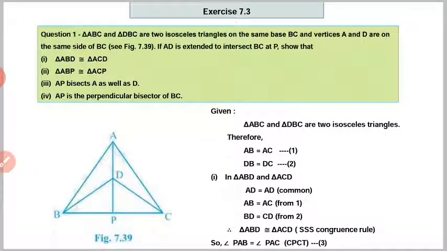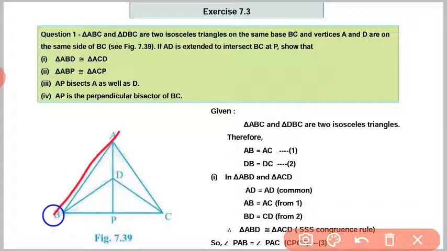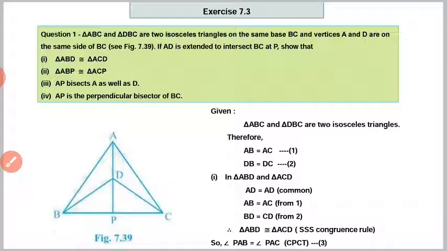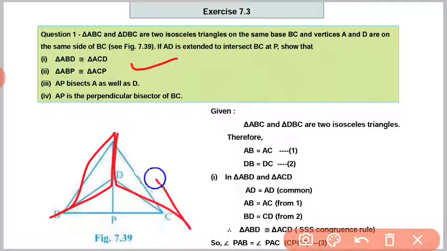So let's start Exercise 7.3. In this we are taking question number 1. Triangle ABC and triangle BDC are two isosceles triangles on the same base BC, and vertices A and D are on the same side of BC. If AD is extended to intersect BC at point P, show that triangle ABD and triangle ACD are congruent.